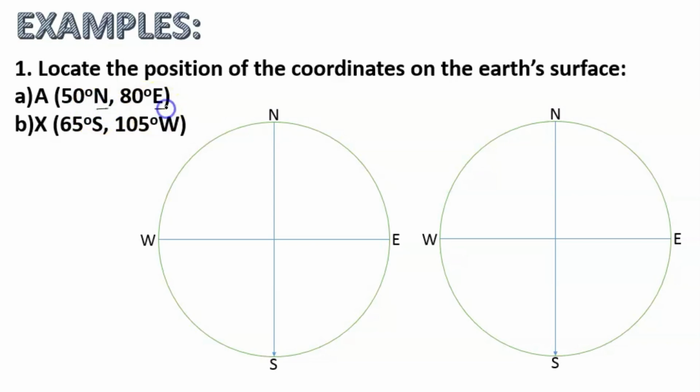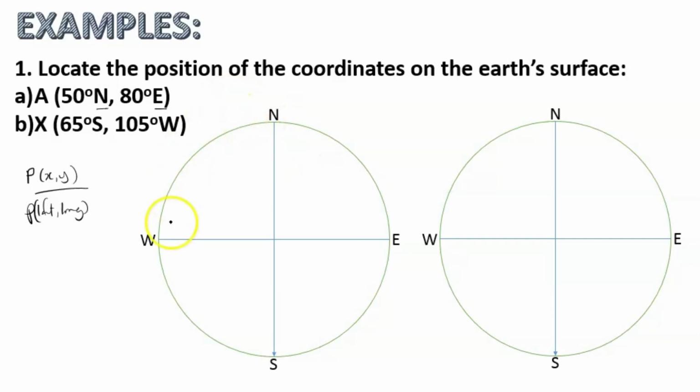When we see east, that's a longitude. From our normal Cartesian plane it is x comma y, but in this case, it's usually latitude comma longitude, depending on how they decide to do it. So how do we locate point A on the Earth's surface?